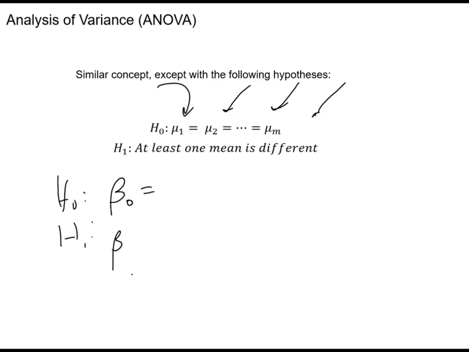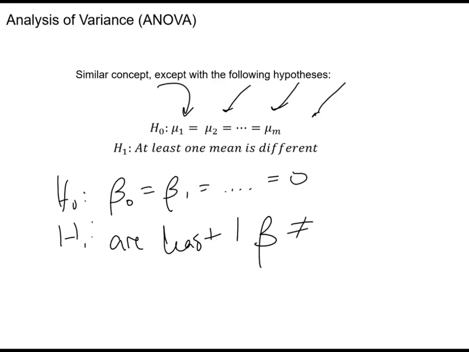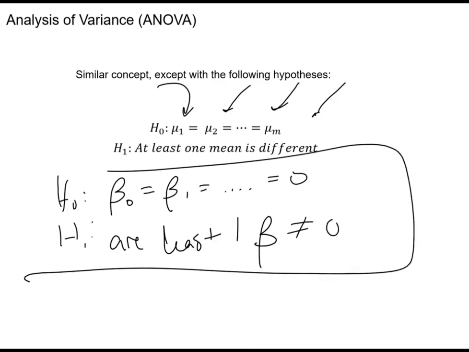The null hypothesis is that all of the betas are equal to 0, versus at least one beta not 0. Basically, what the ANOVA in regression is asking is whether anything in your model is not 0.